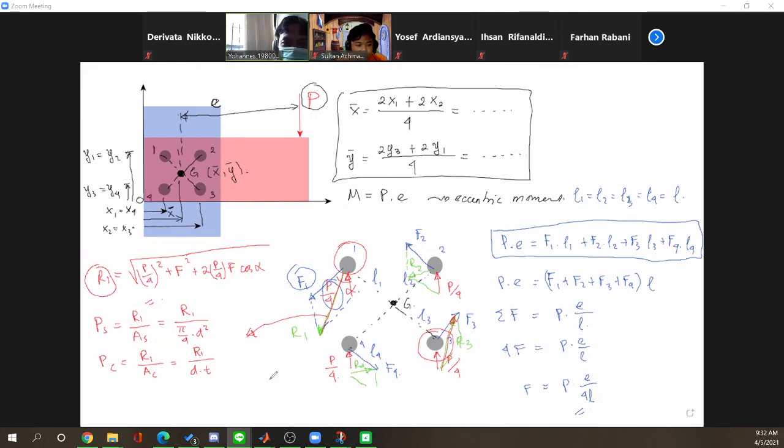Sorry, this is the actual working shearing load, shearing stress. And this is the actual working crushing stress.